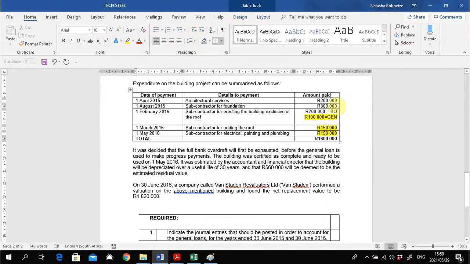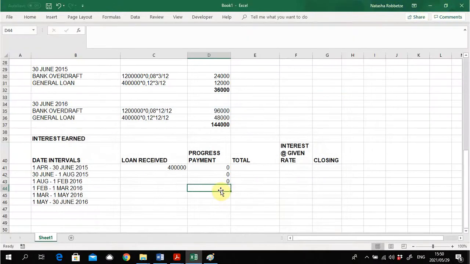For that progress payment, we need 100,000 of the general loan, so that's going to be minus 100,000. Then this 150,000 will be paid for by the general loan, and the last 150,000 will be paid for by the general loan.